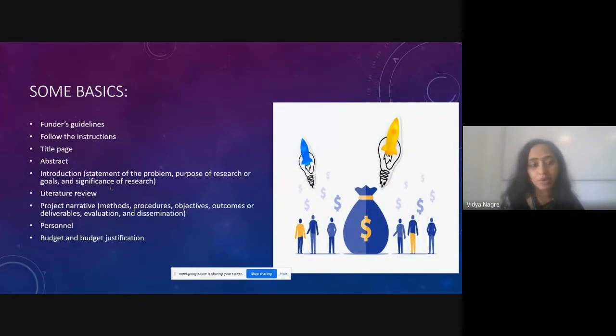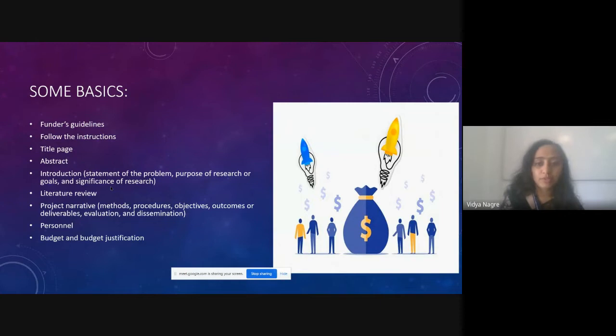I have brought a few techniques for you. And there are certain things which we have to be very careful about when you draft a research proposal for funding. So before we begin, let us first consider some basics of a funding research proposal.